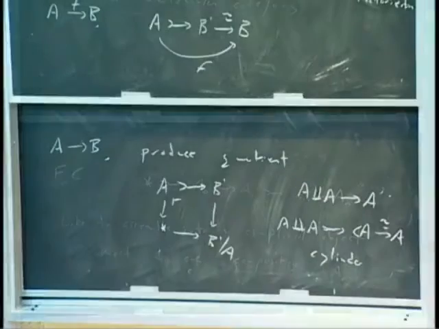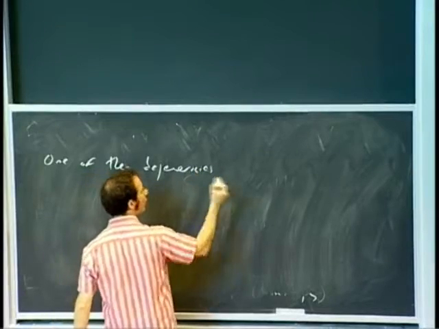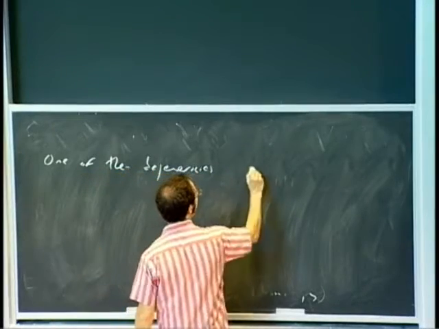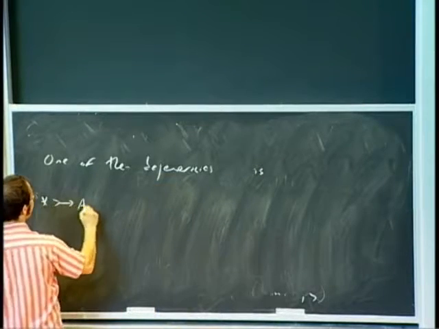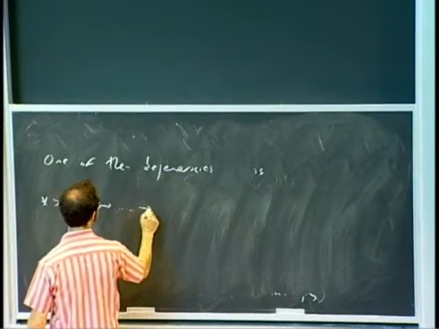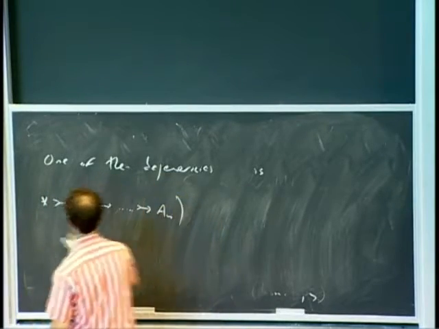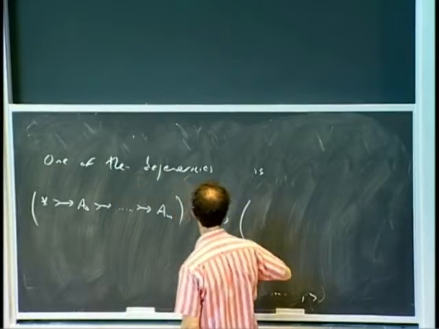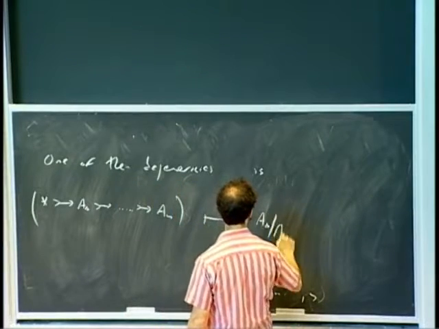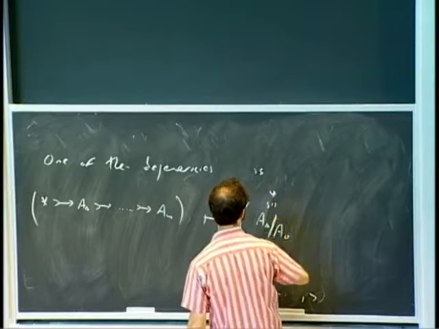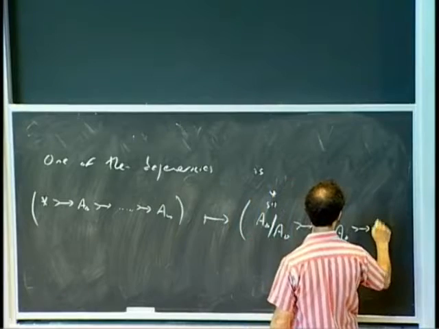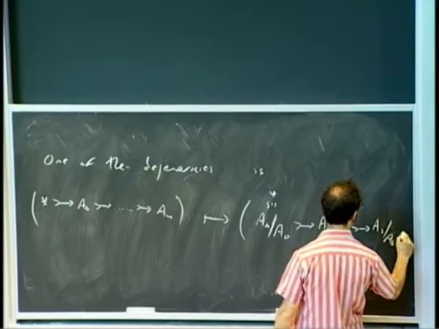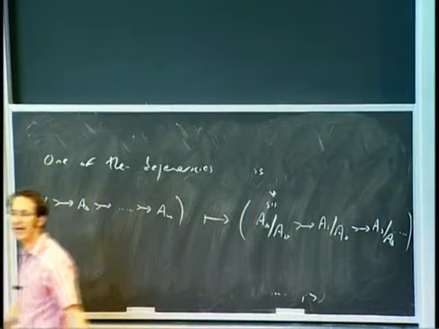So one of the degeneracies that we want to do essentially amounts to this sequence being mapped to this sequence, where I quotient through by A0.